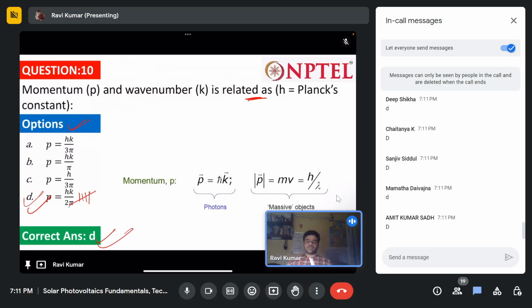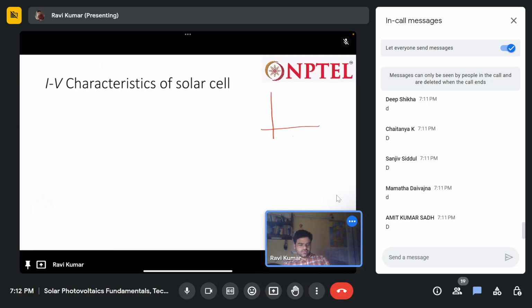Okay, now let's come to the very important thing, that is the IV characteristics of a solar cell. I'm just asking one question. You have seen the characteristic of a solar cell like this, V and I, and you have seen the characteristics of a semiconductor, like this.